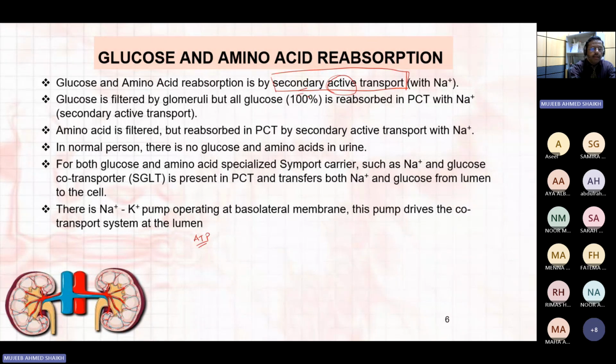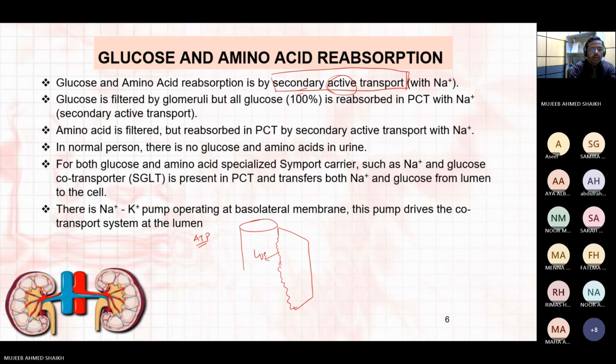acid occurring. So if you imagine, let's say this is the renal tubule, or let's say the proximal convoluted tubule, and this is the apical border of the membrane of the tubule, and these are the epithelial cells. So epithelial cells have two borders. One is facing the lumen, right?